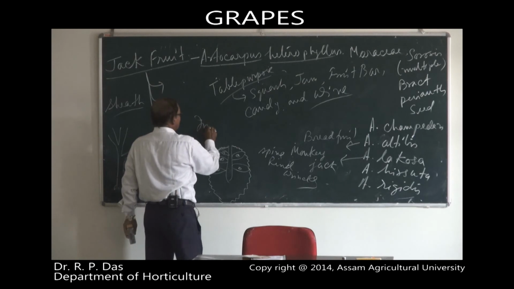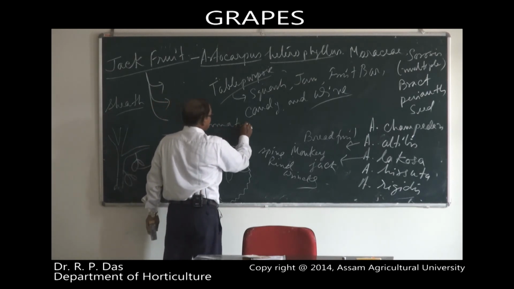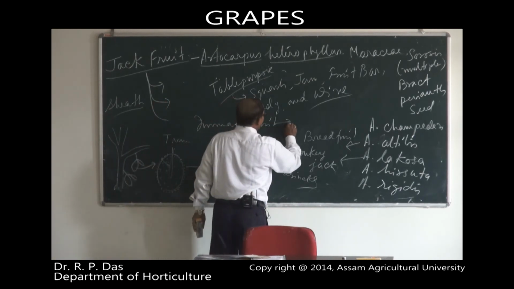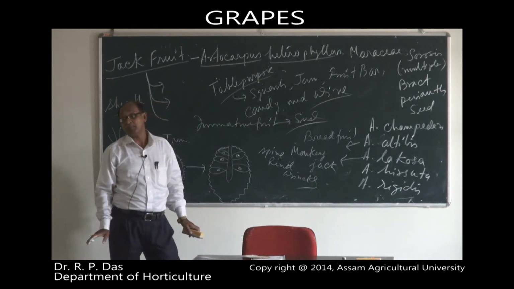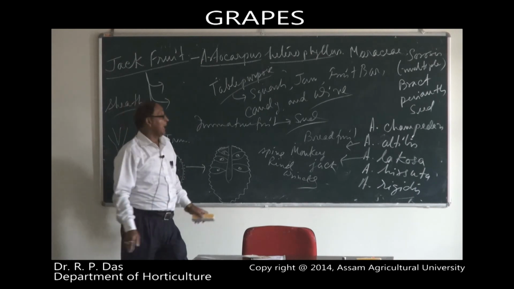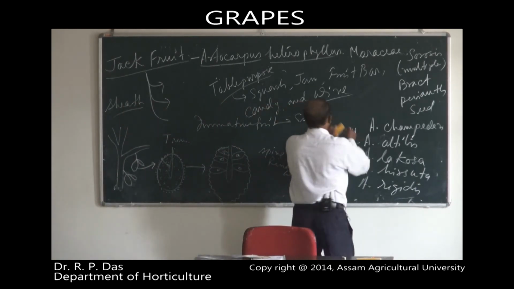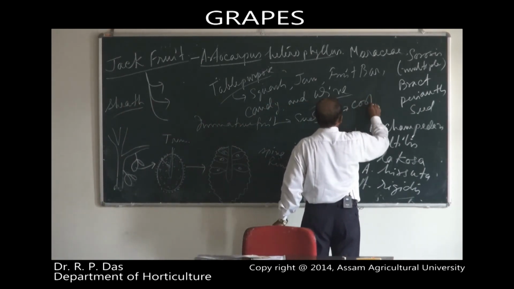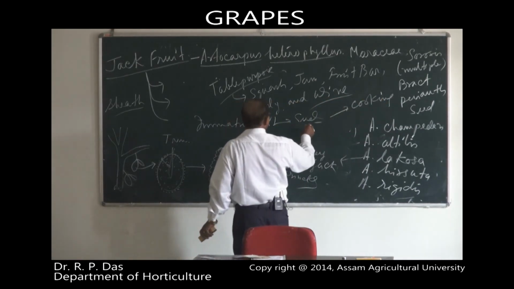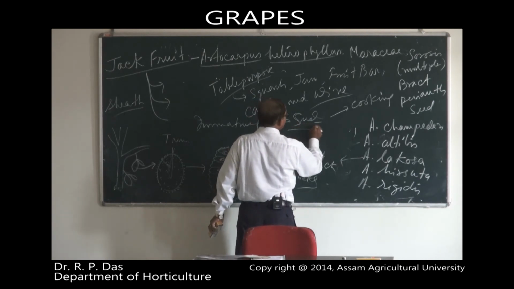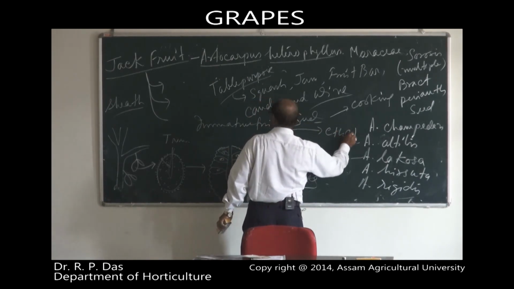And the immature fruit and seed of ripe fruits are widely used for cooking purpose, culinary purposes. And the seed is a good source of carbohydrates.